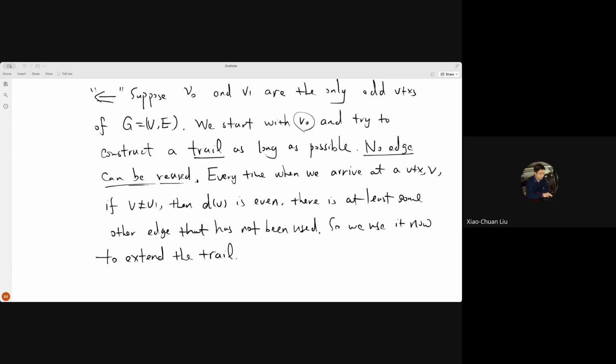Unless we arrive at the point V1, because V1 has odd degree, so we are not saying anything. So far we are just saying that if we arrive at some vertex V, which is not V1, because the degree of V is even, we can continue. In particular, our trial cannot be the longest, because we can still extend it. Okay, do you agree?